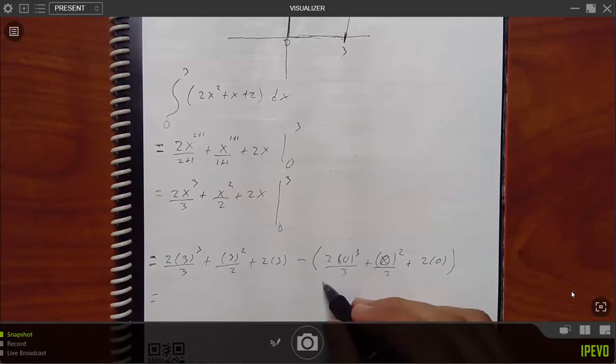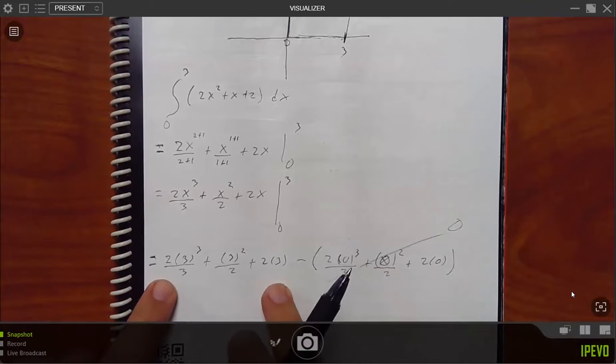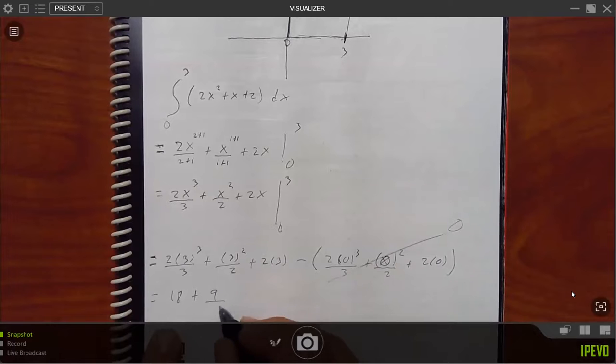So this will be 0. So all we have to do is deal with this. So that'll be 3 squared, 18, right? Plus 9 halves plus 6.